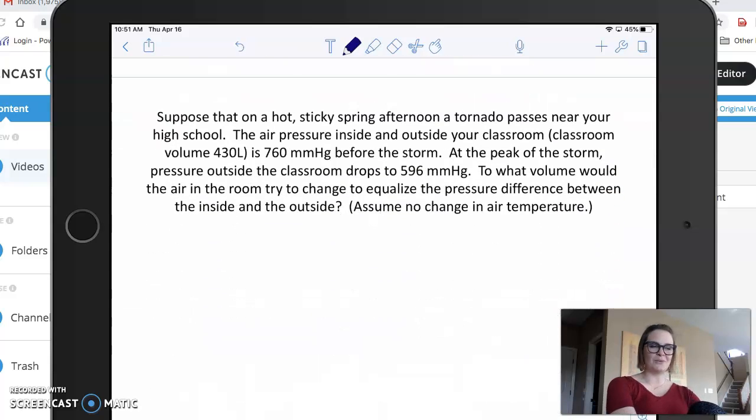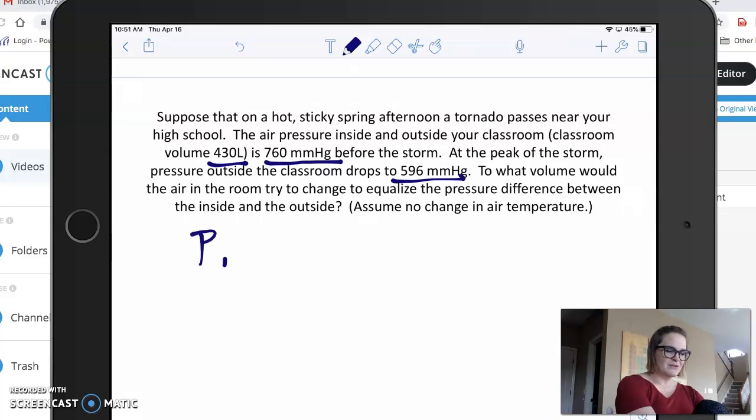So if I gave you like a word problem, you can go through and figure out, oh, here is mmHg, that's a unit of pressure. Here is a volume 430 liters, and now we're changing the pressure to 596 mmHg.